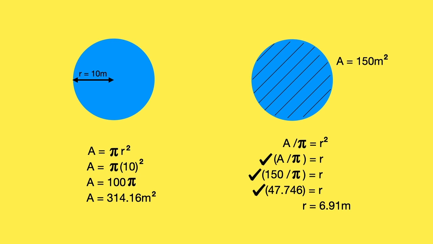So the square root of A divided by pi equals r. You substitute in your value of A, which is 150, and then put that into the calculator, and you'll get approximately 6.91 metres as the value of the radius. So again, that's fairly similar to how we use it in the other terms. It's just substituting in any value that you've got of the radius or the area in order to find out what the other one is.